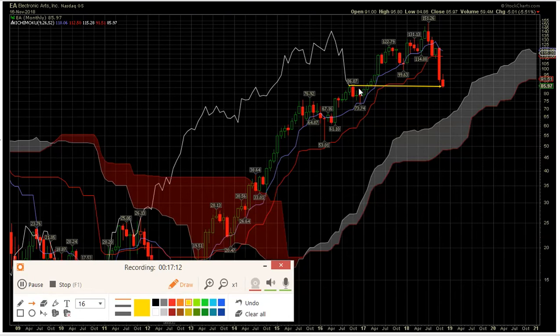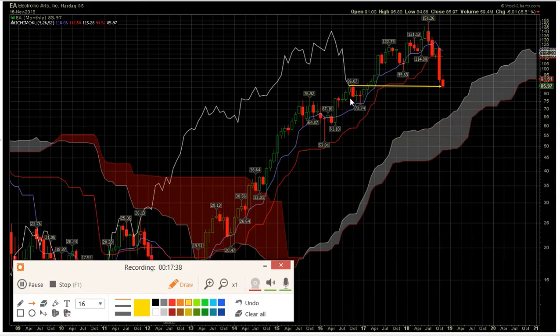That means absolutely nothing to someone who does not know this Ichimoku Kinko system. But what does it mean to me? It means that price is going to be entering a consolidation period here, or at least soon. Between 86 and 73, it should be entering a consolidation area, and that is what I'm expecting right now.